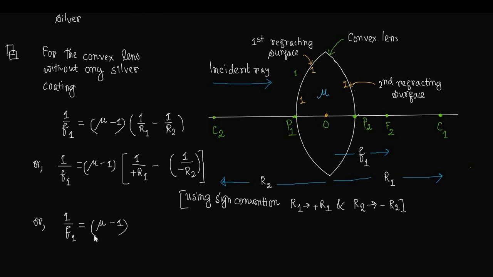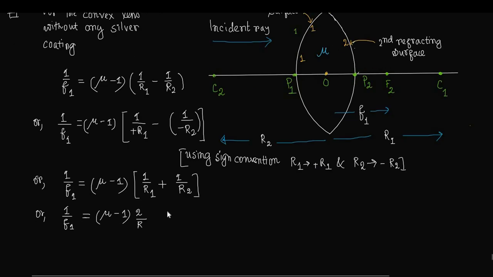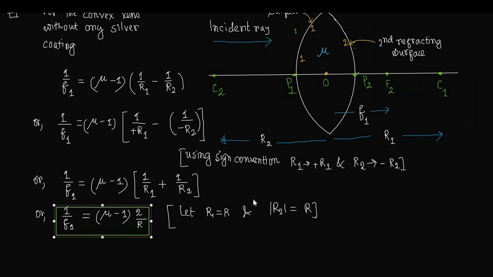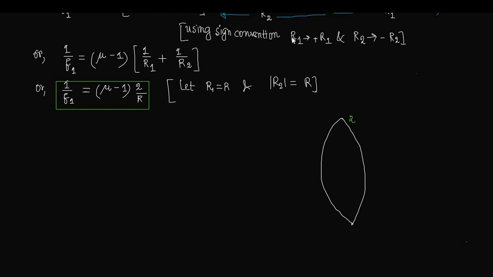So 1 by f1 is equal to mu minus 1 into 1 by R1 plus 1 by R2, or 1 by f1 is equal to mu minus 1 into 2 by R, where the radii of curvature can be assumed as R, R1 equal R and mod R2 equal R. Finally, we get the reciprocal of the focal length of the biconvex lens, 1 by f1, equal to mu minus 1 into 2 by R.